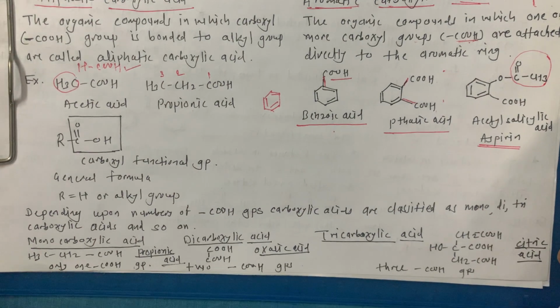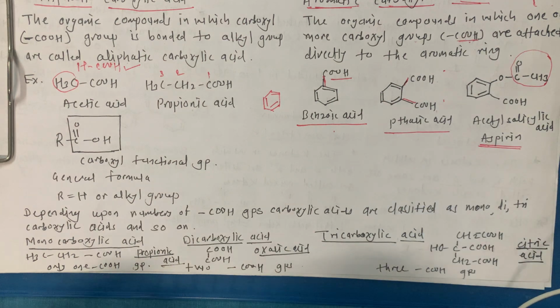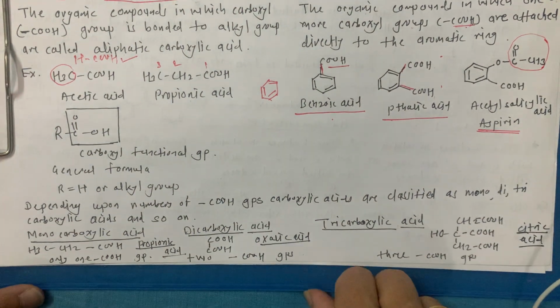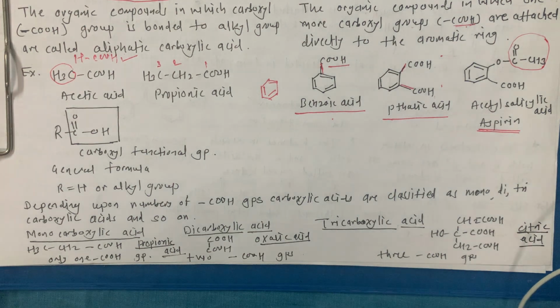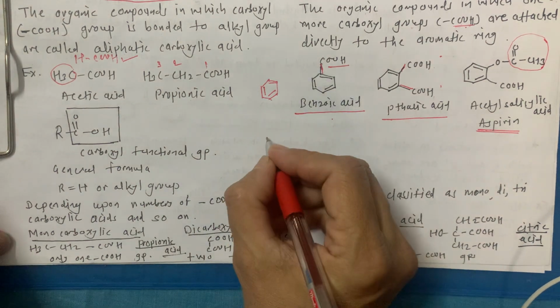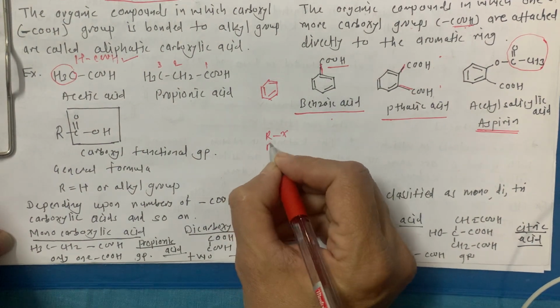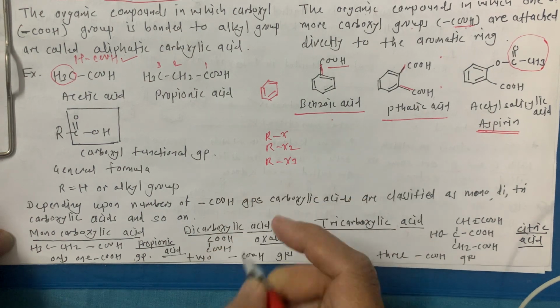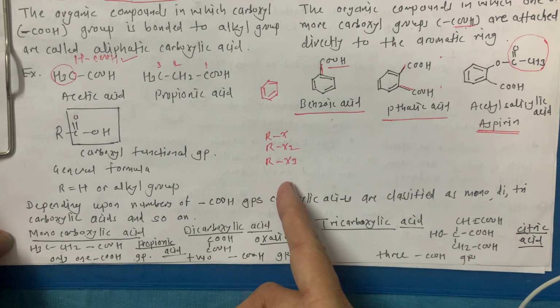Now one more classification is there in acids. Just like we studied in halogen derivatives, monohalogen, dihalogen, trihalogen derivatives, like these structures we had seen before.